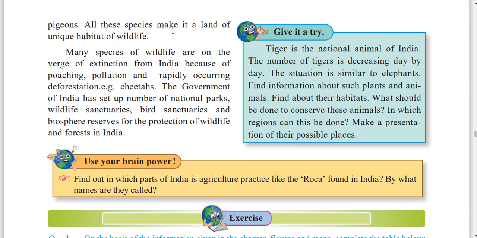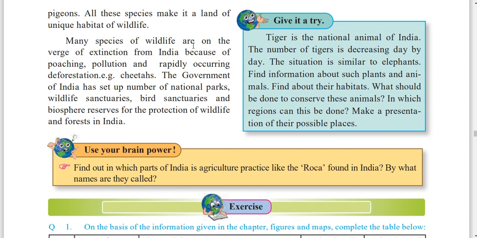All these species make it a land of unique habitat of wildlife. Many species of wildlife are on the verge of extinction from India because of poaching, pollution, and rapidly occurring deforestation.